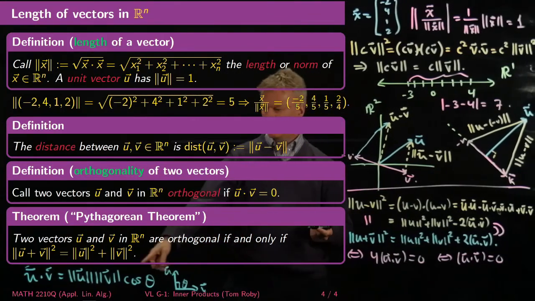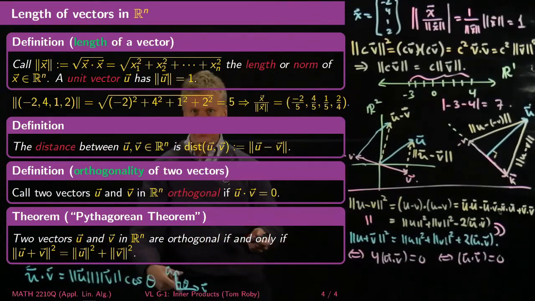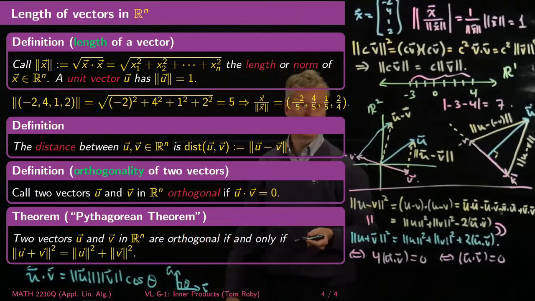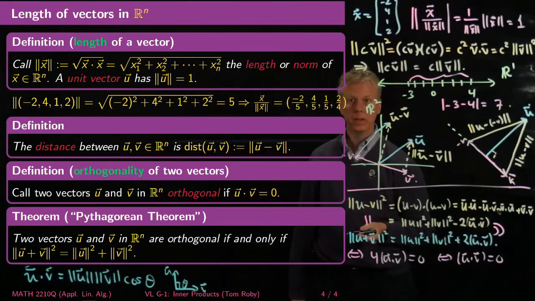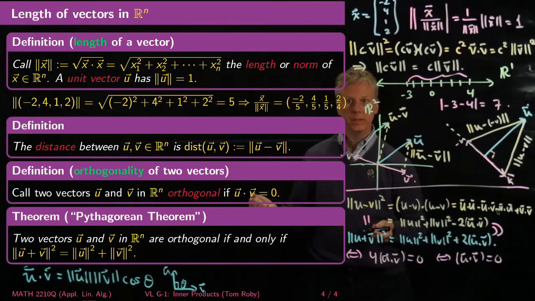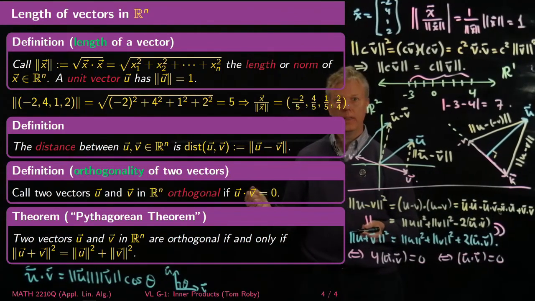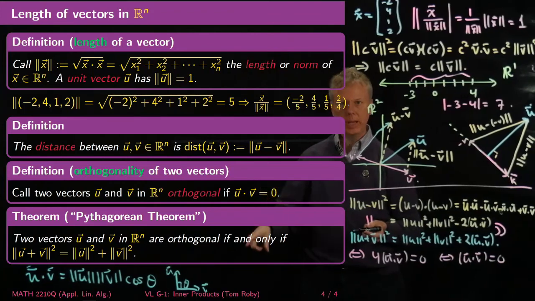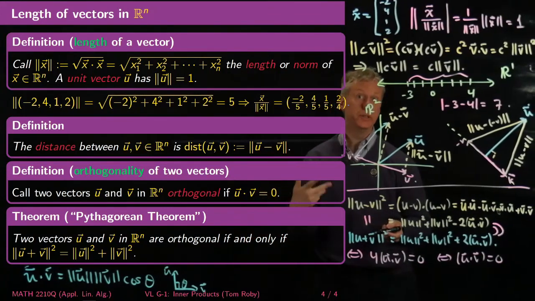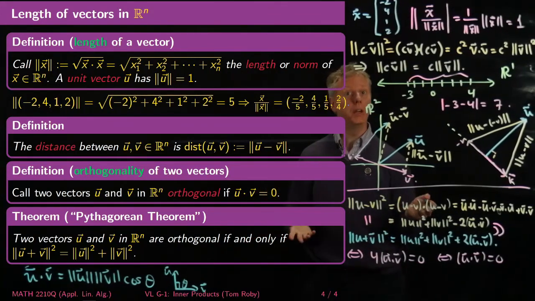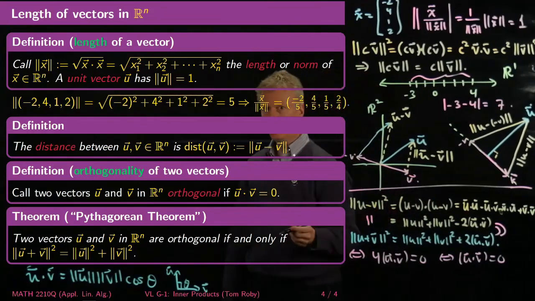In fact, this property is equivalent to what's sometimes called the law of cosines, if you ever saw that maybe in high school. But the main point is that if you wanted to define a notion of an angle in R^n, now you have a way of doing it.